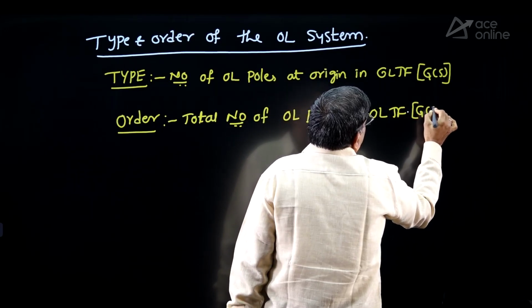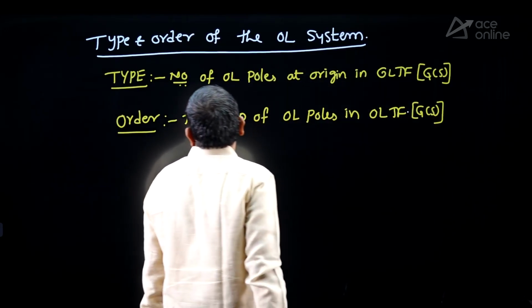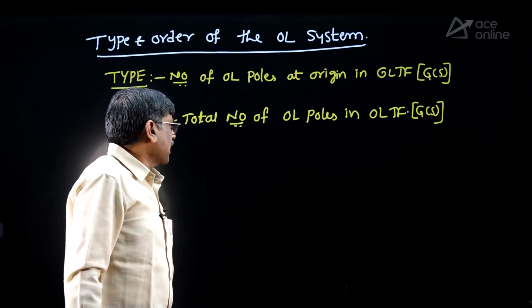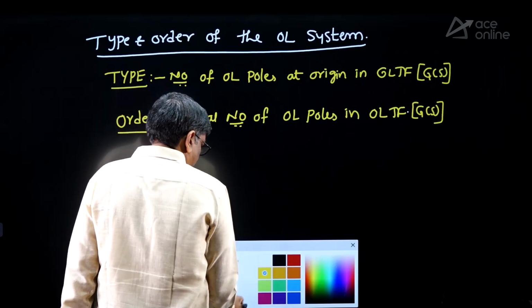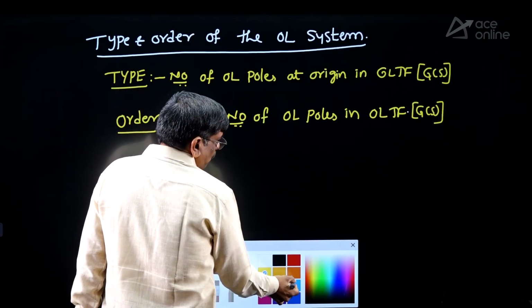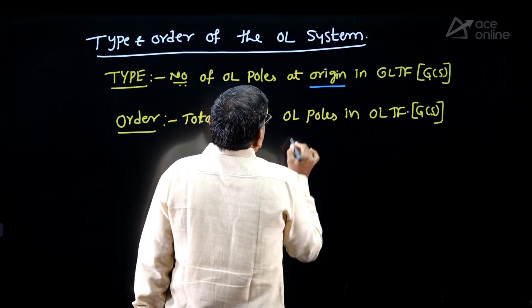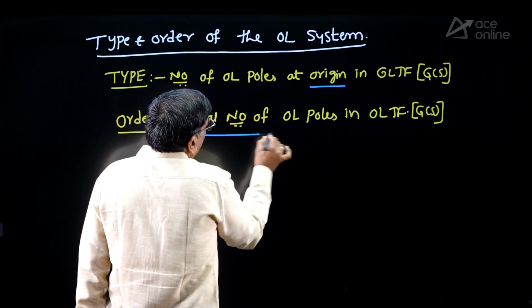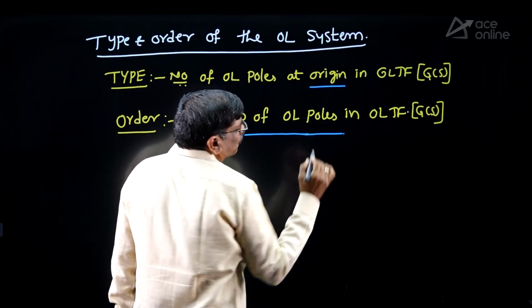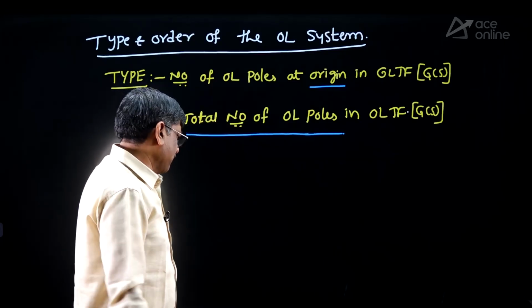Here also we'll see only G of S. So here type means poles at origin, whereas order means total number of open loop poles in the open loop transfer function.